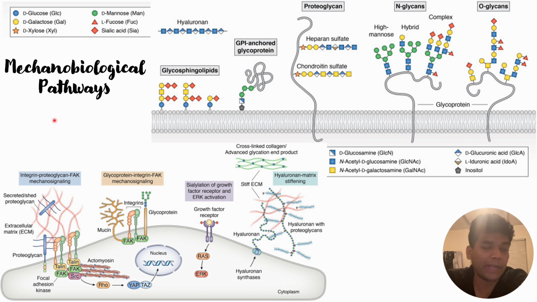So let us see how these mechanobiological pathways begin now. The first part is the proteoglycans. Proteoglycans act as a mechanotransmitter, where they help in interaction with the extracellular matrix, and thereby transfer the force within the cells, and that helps in triggering signals such as RHO, YAP, TAZ, which will lead to epigenetic changes.